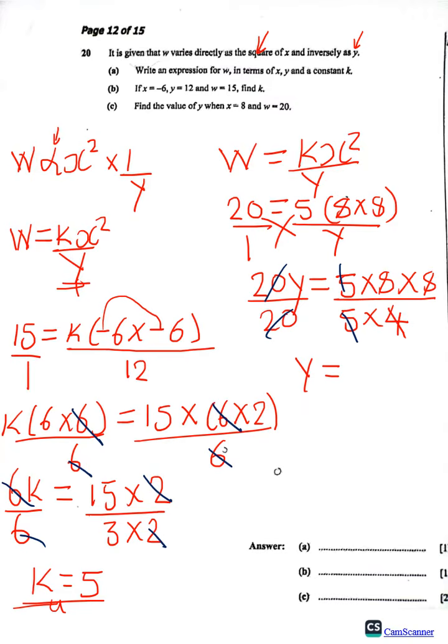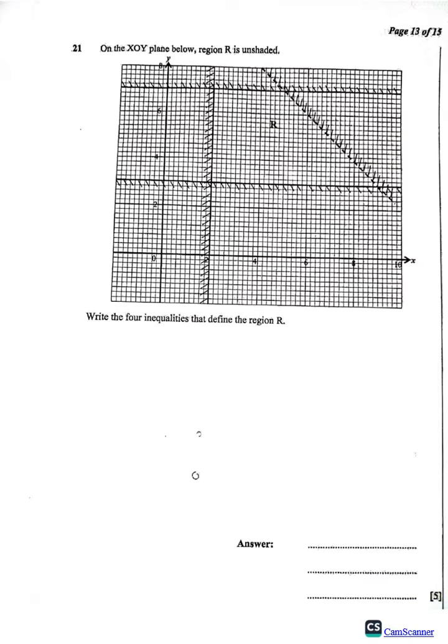So 4 into 4 is 1, 4 into 8 is 2, and 2 times 8, our final value, is 16. Okay, now we can move on to question 21.